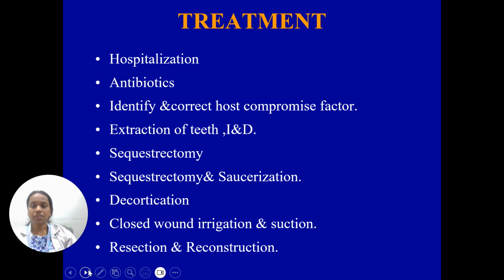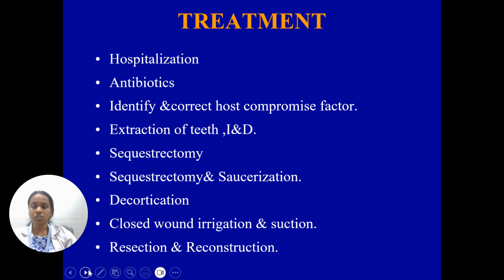Coming to the treatment part, first we need to hospitalize the patient, and start with empirical antibiotics, identify and correct the host compromised condition. For instance, if the patient is having uncontrolled diabetes, or is an organ transplant recipient who will be immunosuppressed, that has to be identified and it has to be corrected.